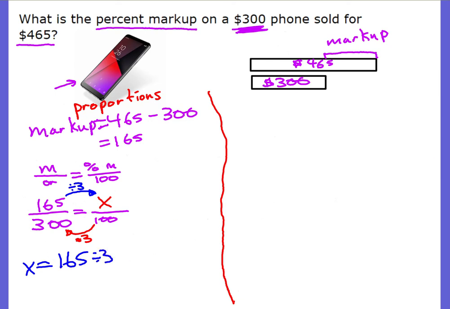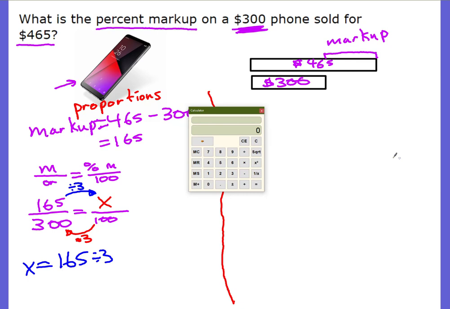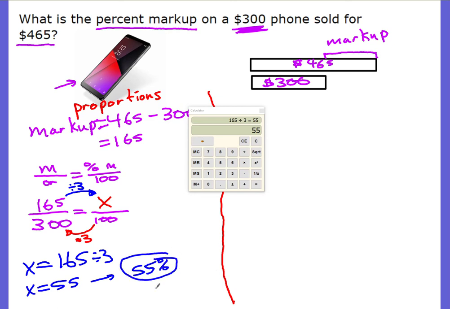I could break out long division if I want, but we're beyond that at this point. So let me pull up my calculator, 165 divided by 3. We got 55. So x is equal to 55, which tells me this phone was marked up by 55%. And that will be my percent markup.